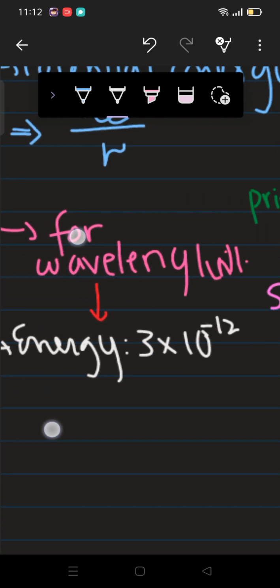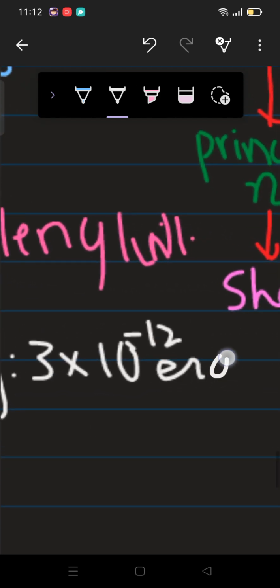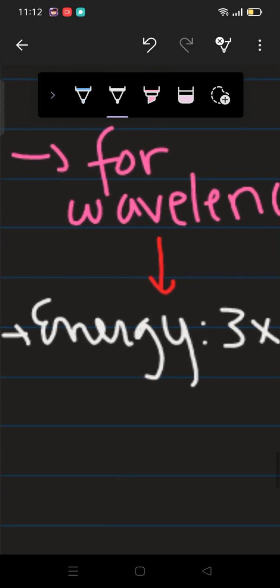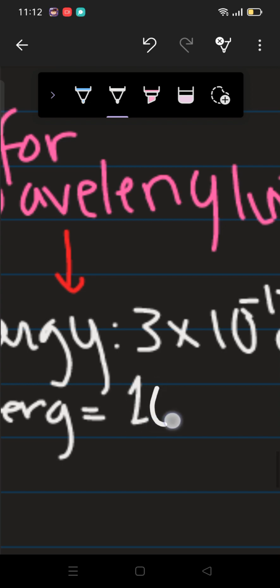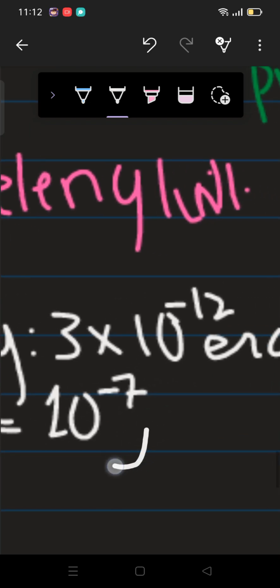They have given us ergs, right? And we know that 1 erg is equal to 10 power minus 7 joules.